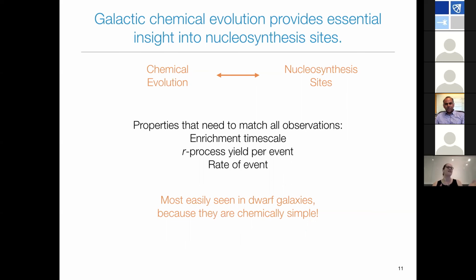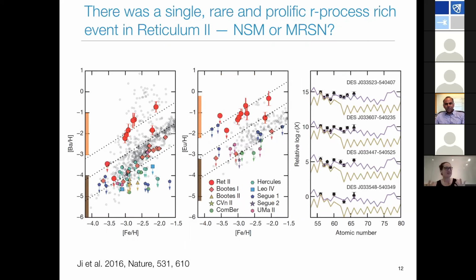Now, dwarf galaxies have already proved extremely useful in the case of Reticulum II, which I've shown here. This is a paper by Alex Ji et al. that came out a couple years ago now.